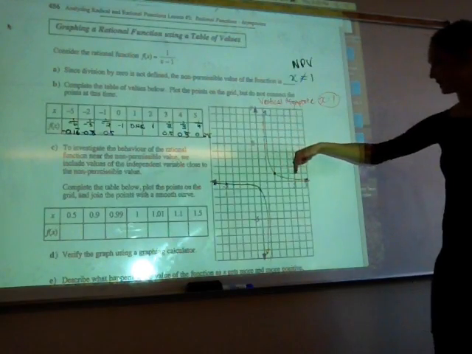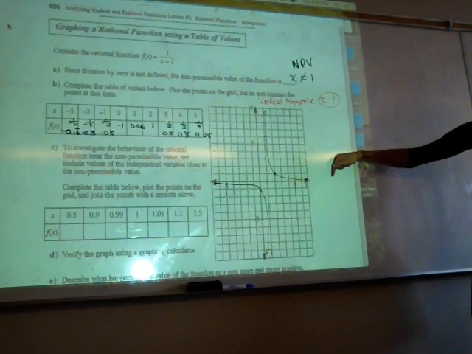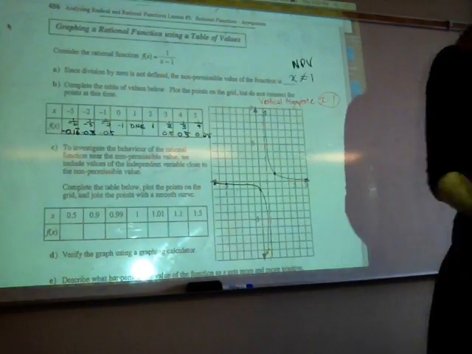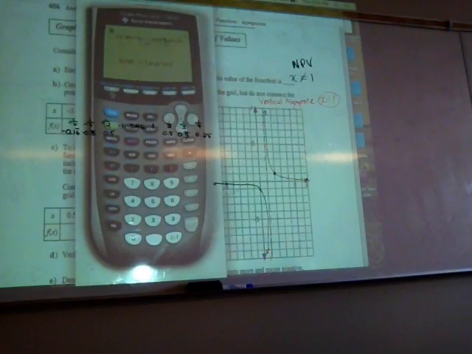As x gets bigger, any guesses where this graph is approaching? The x-axis, good. I deleted it off my calculator, but I'm going to show you a little trick. So we put that in there again.